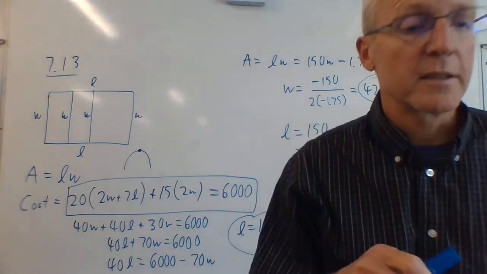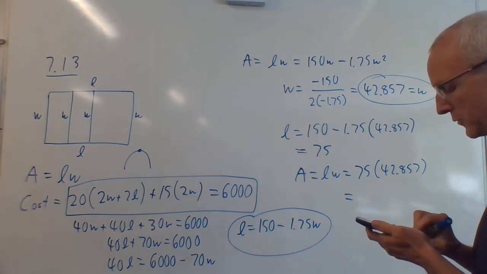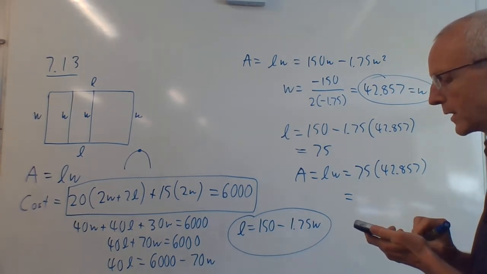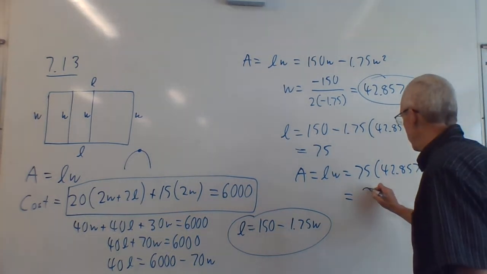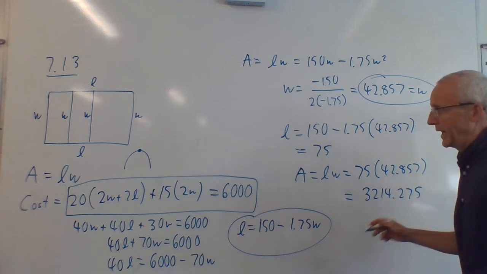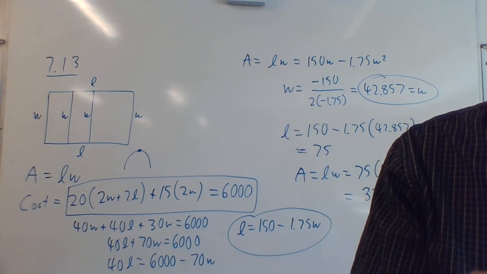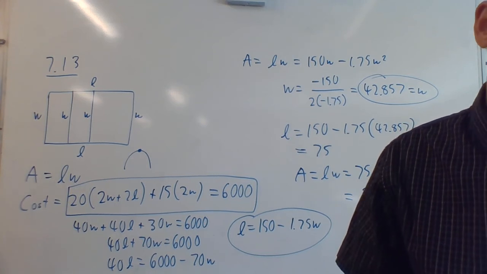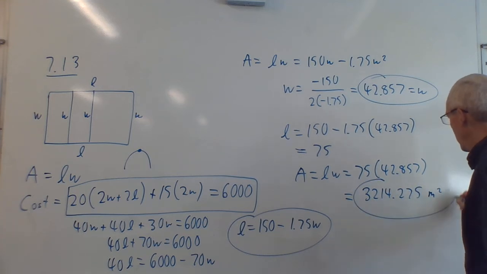So we can finally answer the question. 75 times 42.857, which is 3214.275. And whatever the units are, meters squared, feet squared, it's per meter, looks like, so meters squared, that's our area.